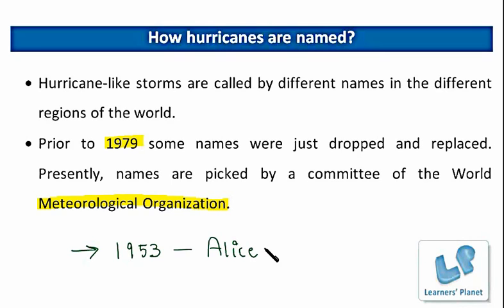Male names have been included since 1979, and Eastern Pacific hurricanes have been named since 1960 with the name Ennet. So in this way, there are a total of 6 different name lists that alternate each year.